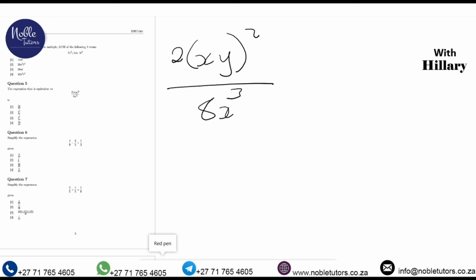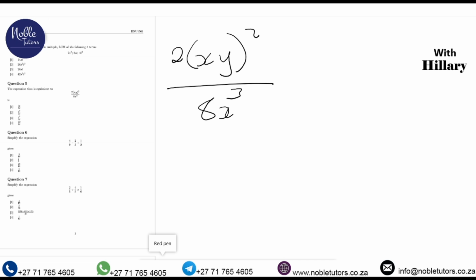So when you are given an expression like this, you need to apply what you call laws of indices. And laws of indices mention that we have to multiply exponent by exponent, and then we apply the rules that I'm going to explain soon.